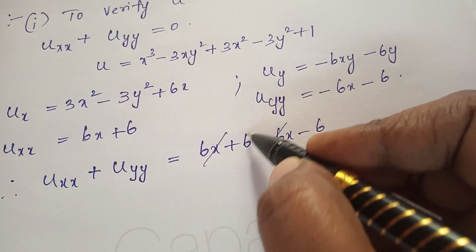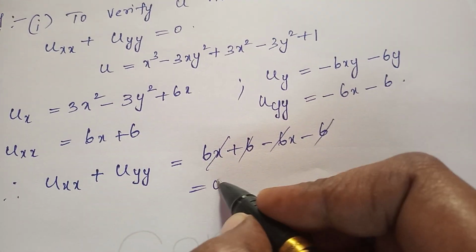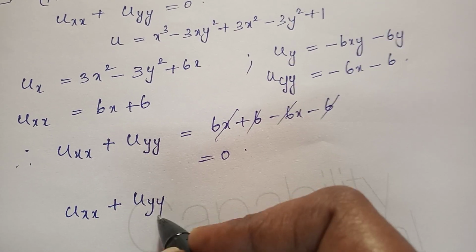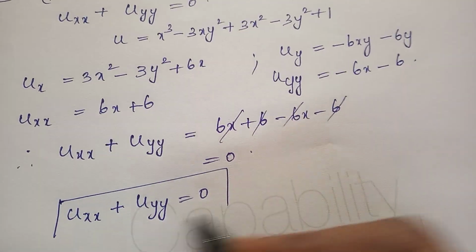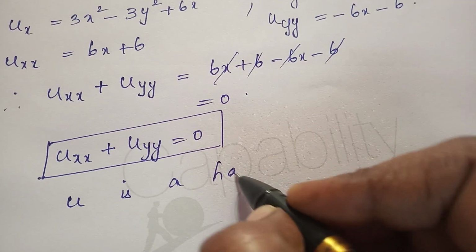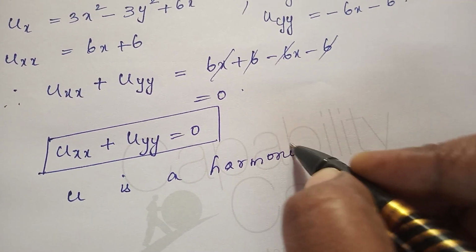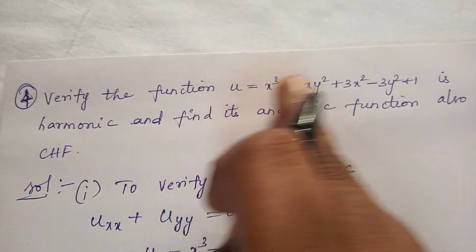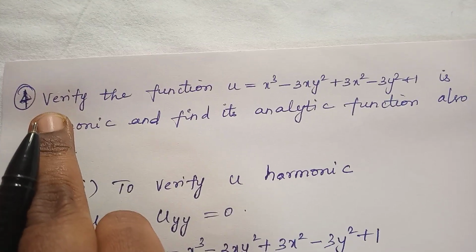Here 6x and minus 6x get cancelled, so the answer is 0. So you have got uxx plus uyy equal to 0. From this you have verified that u is a harmonic function. This is the first part of your question, verifying the harmonic function, which we have done now.